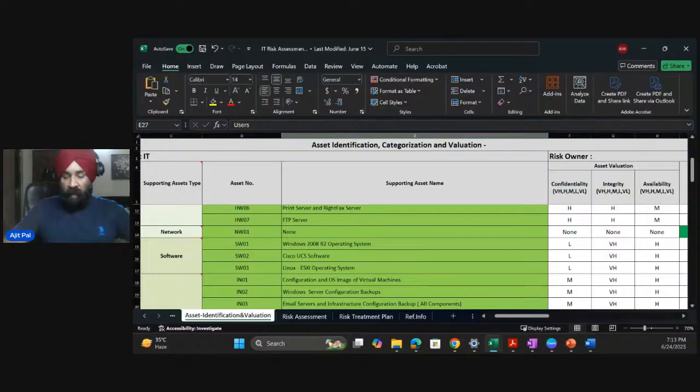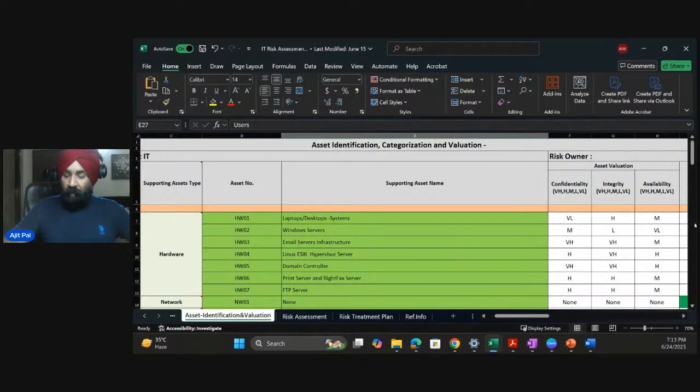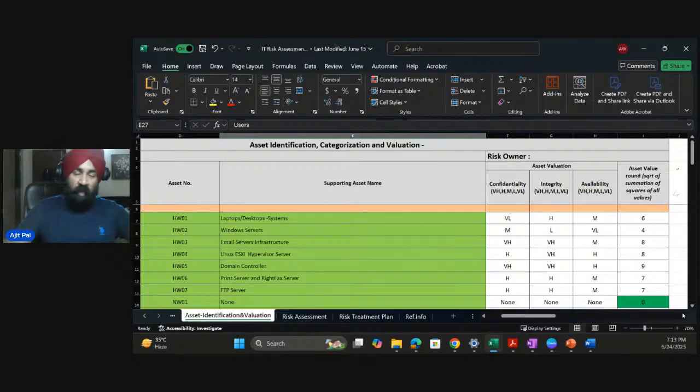So you can see we have given values to laptops: very low, high, medium. And what we have done in the background is that these values have been mapped to numeric values: very low 1, low 2, medium 3, high 4, very high 5. Then the sum total of all, we have come up with a numeric value.